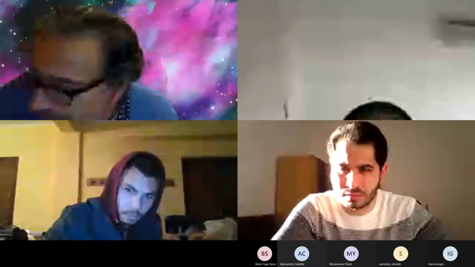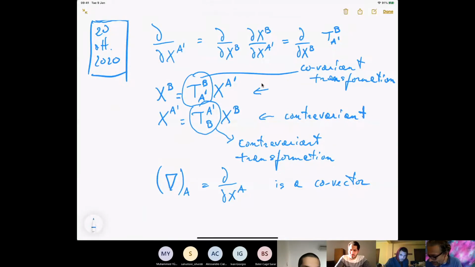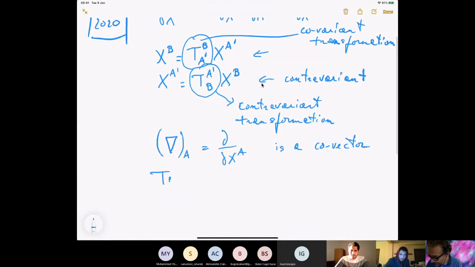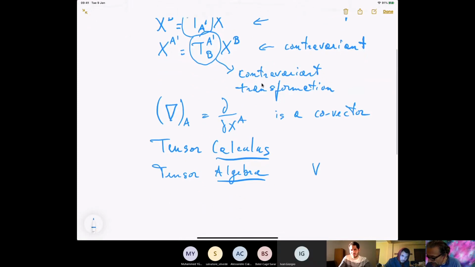Today, we must move a small but very important step towards tensor calculus. Up to now, we discussed tensor algebra. So we have studied the algebraic structure of tensors, and we defined everything about this kind of algebra, which is based on the concept of vector space and its dual.